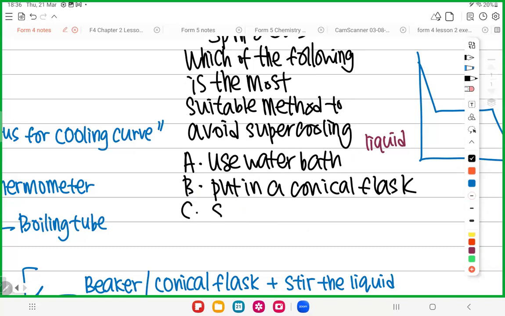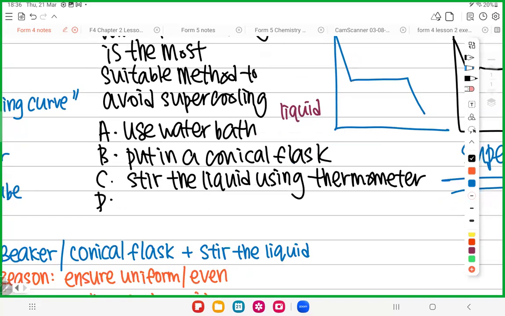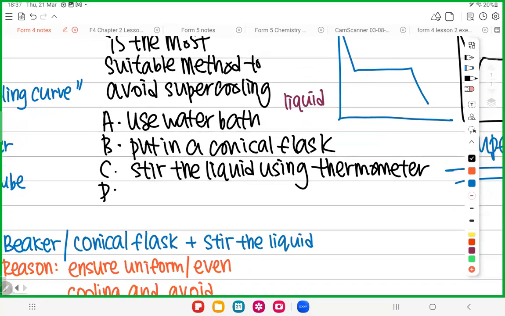Answer C: stir the liquid using a thermometer. Answer D: use a Bunsen burner.